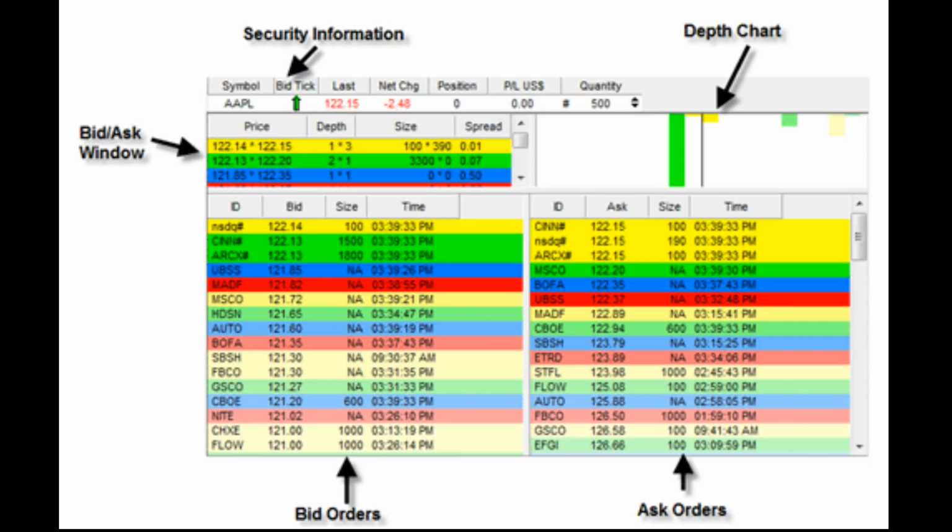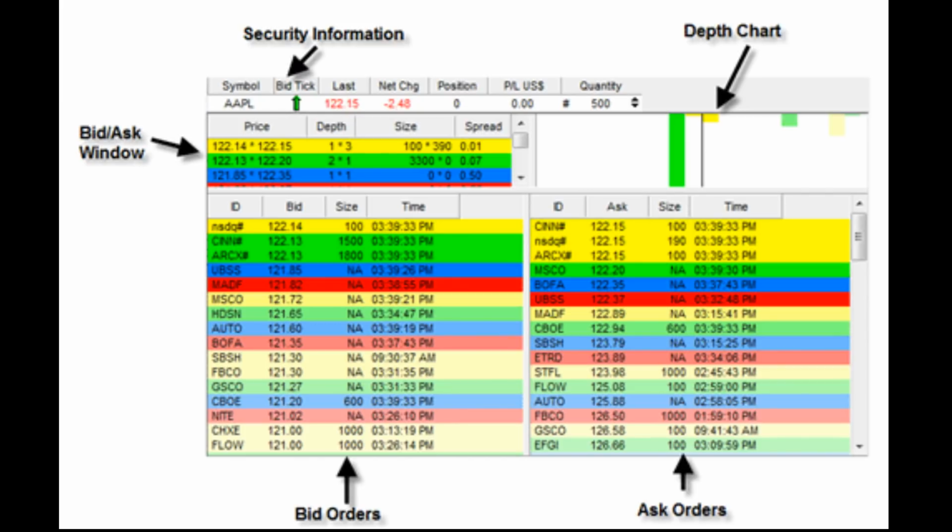As the bid for the security changes, the arrow will shift up or down, or back and forth from red to green. The last price is the last recorded price for the security. Finally, the net change represents the total dollar amount change for the security from the previous day's close.